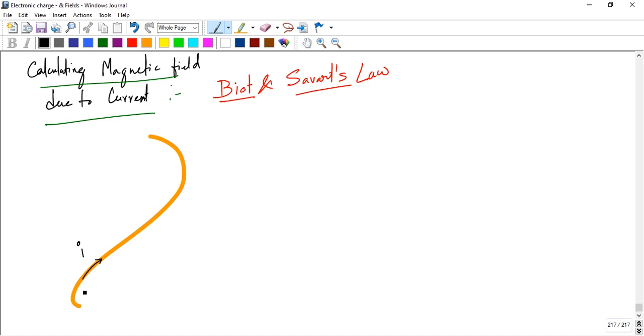The length of the conductor is L. Now we choose a shortest length, a differential length, that's called dl. And we calculate the magnetic field at a point P here. The current is in that direction, so I dl is in that direction, a vector quantity.